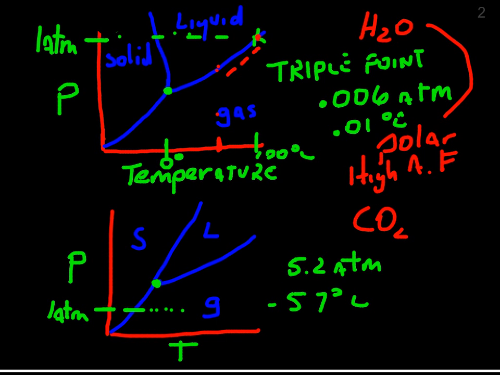I look at CO2, and CO2 is nonpolar. Well, nonpolar molecules have low attractive forces. There's not a lot of force, not a lot of stickiness. So the low attractive forces account for the fact that it's pretty darn hard to get CO2 to stick together. Hence the triple point, or where liquids are going to be present, is at relatively high pressure, still at low temperature. So anyway, that's it.